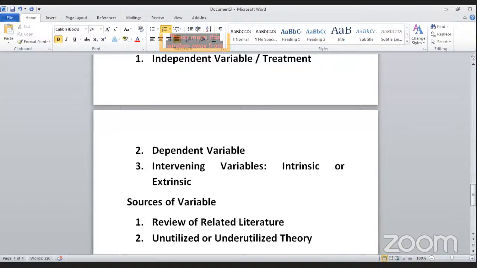Now, these are two important sources of problem, and these two will become the basis of formulating the hypothesis. How will they become the basis of formulating the hypothesis? Just now I will tell you.